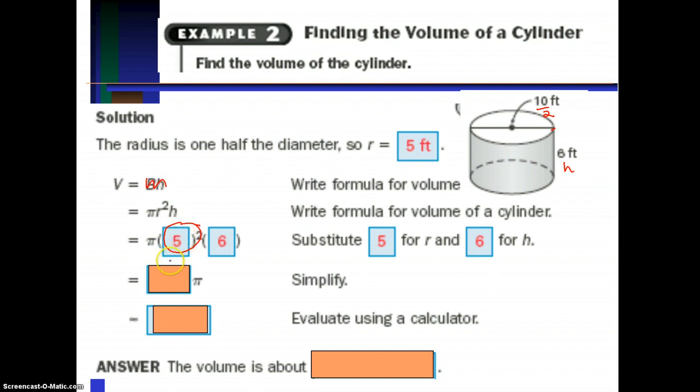Do 5 squared, which is 25. Then take it times 6, which is 150, and then you can multiply by pi, 3.14, or the pi on your calculator: 471.24 cubic feet. Again, this is approximate. You may get a slightly different answer depending on what pi you use.